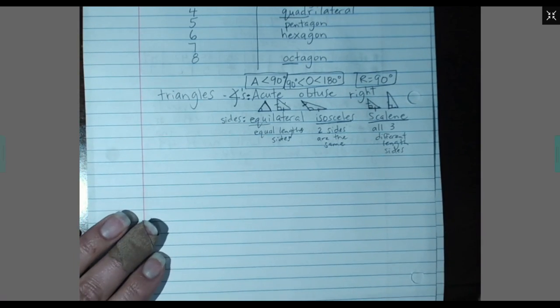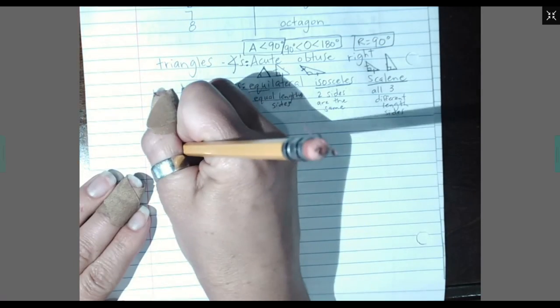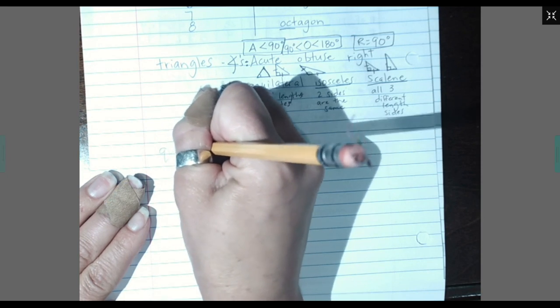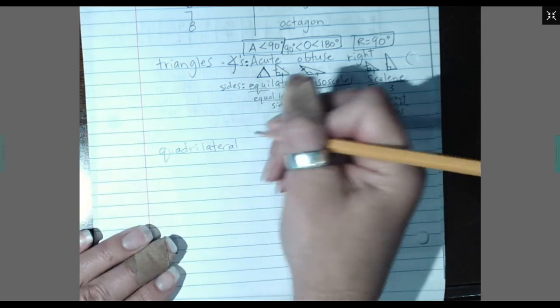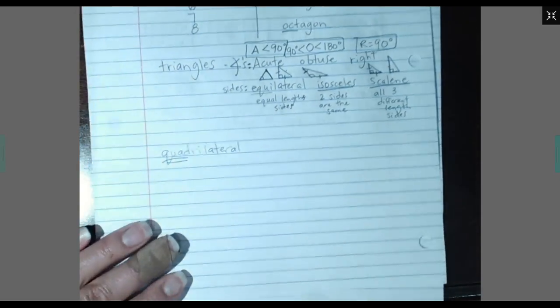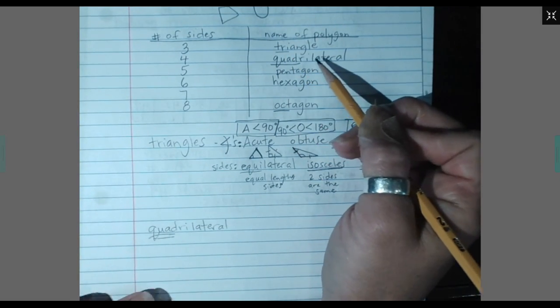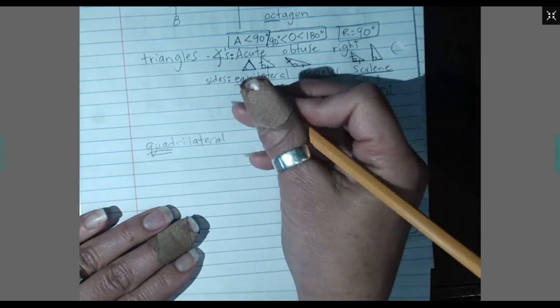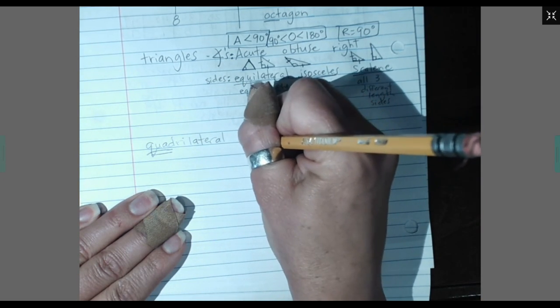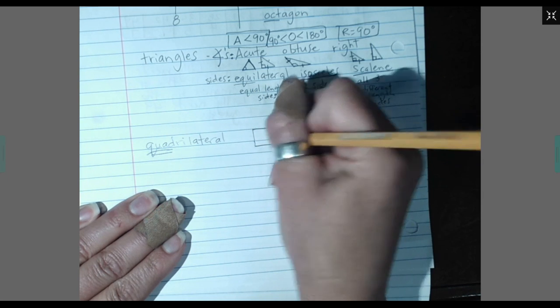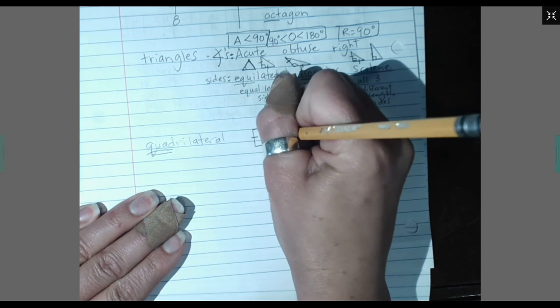Then we can look at different types of quadrilaterals. A quadrilateral has how many sides? As we mentioned up here, it has 4 sides. So one kind of quadrilateral that I could have, which everybody is very familiar with, and I'm going to notate it like this.